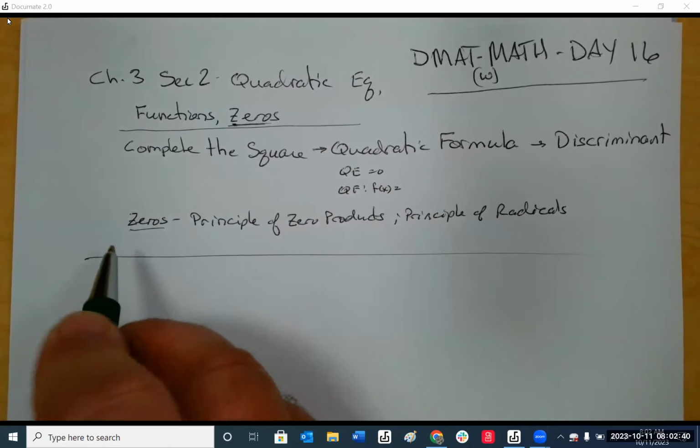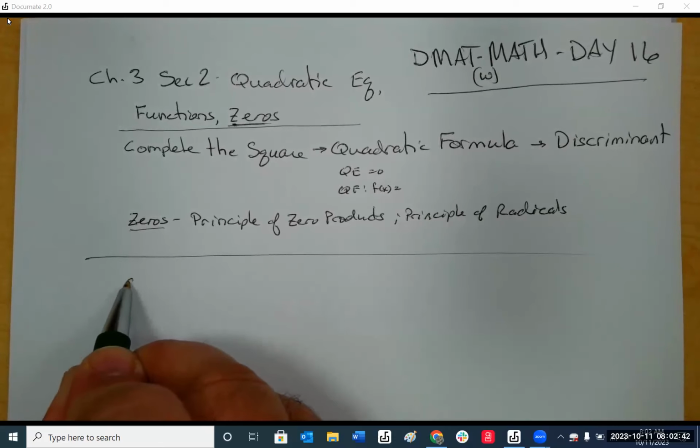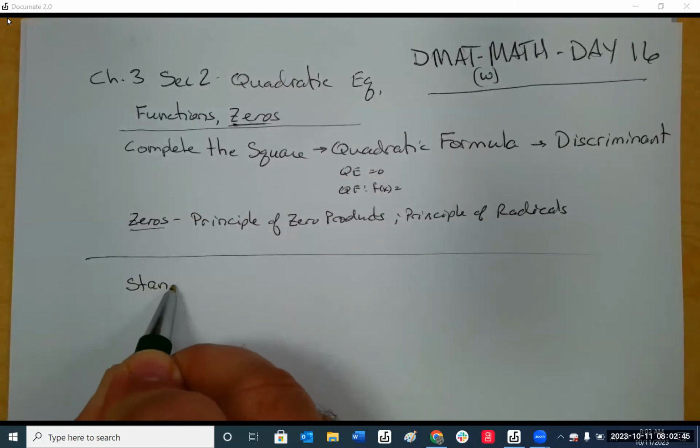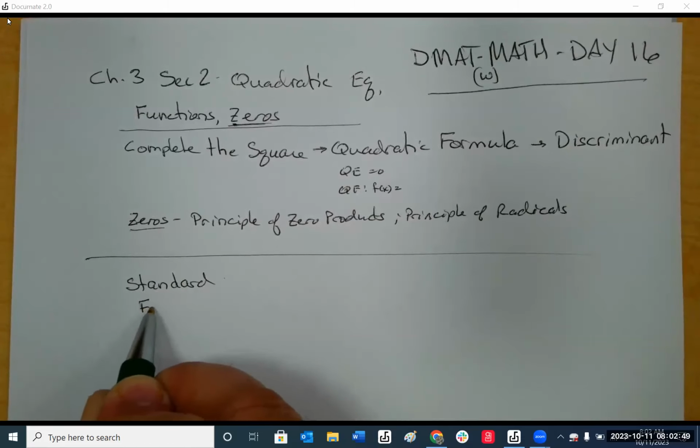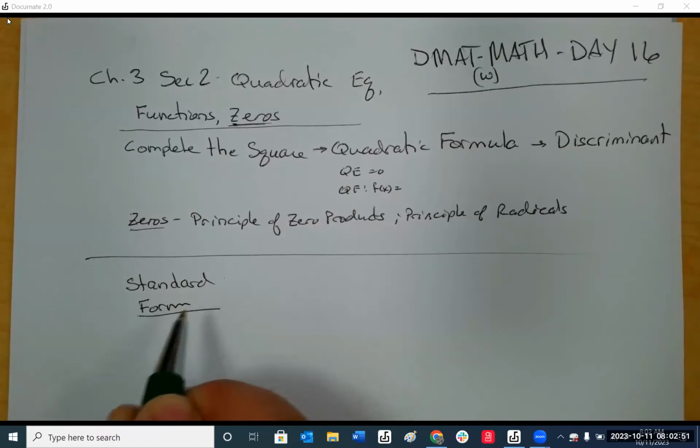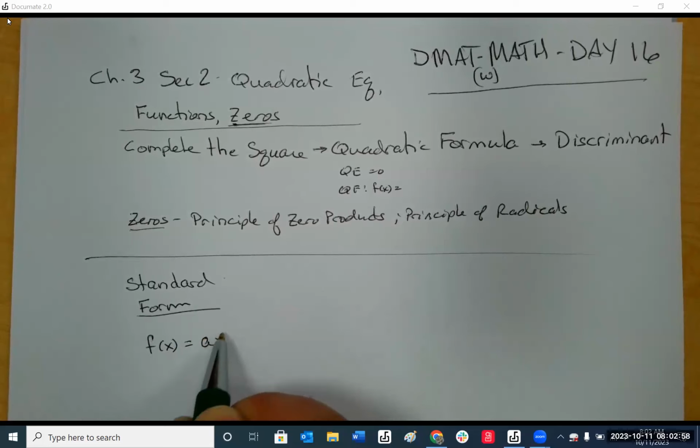All right, so first off, we said last time the standard form of a quadratic equation is f of x equals ax squared plus bx plus c.